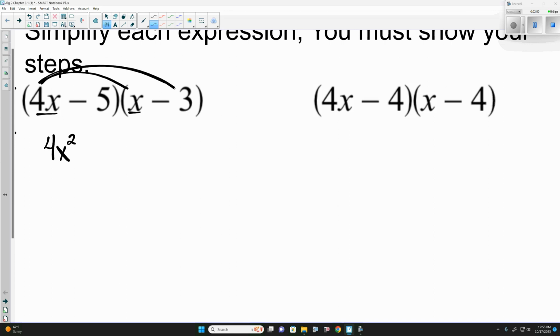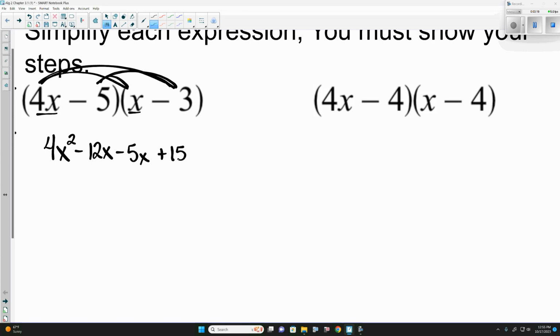Then we would do 4x times negative 3, which is negative 12x. Our step after that is to multiply by the negative 5. We would do negative 5 times x, which is negative 5x. And lastly, negative 5 times negative 3 is plus 15.